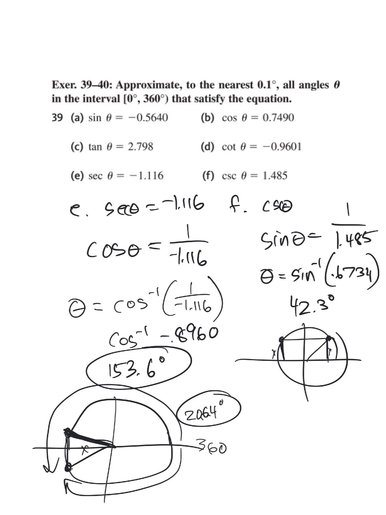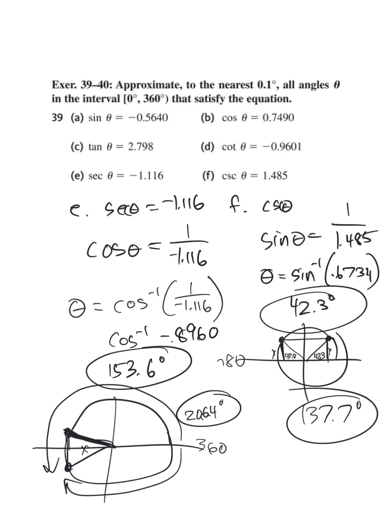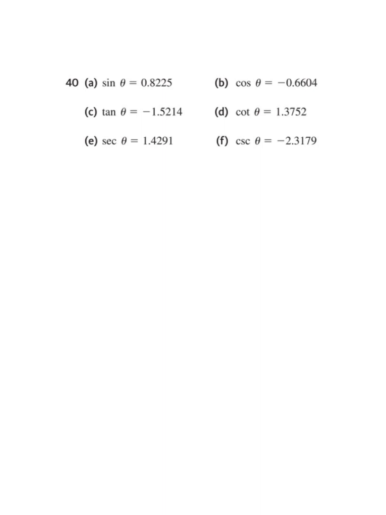So how do we get that? Well, we can take 180 minus the 42.3. So these are references that we see here. So 180 minus 42.3, and that's 137.7 degrees. So those are the two answers for F. Okay, do that all over again. So A, theta is the arc sine of 0.8225.